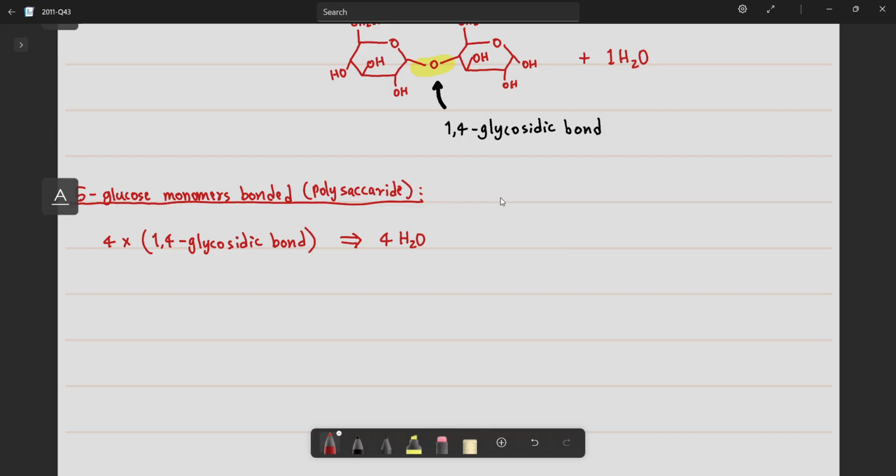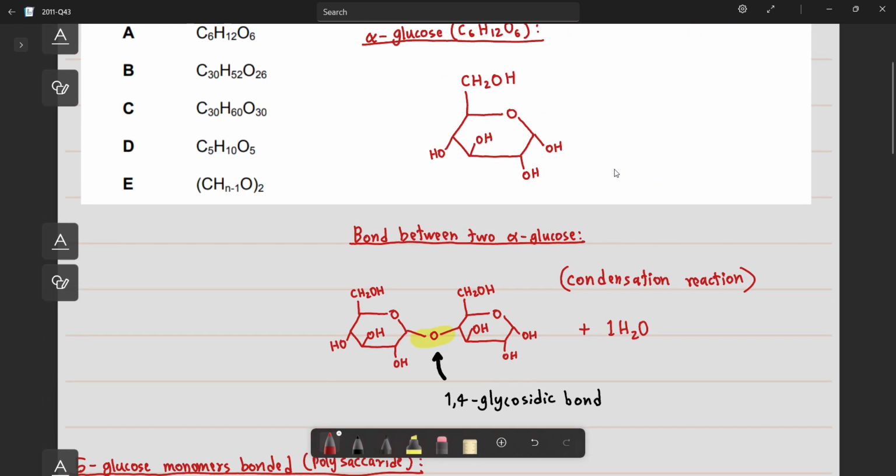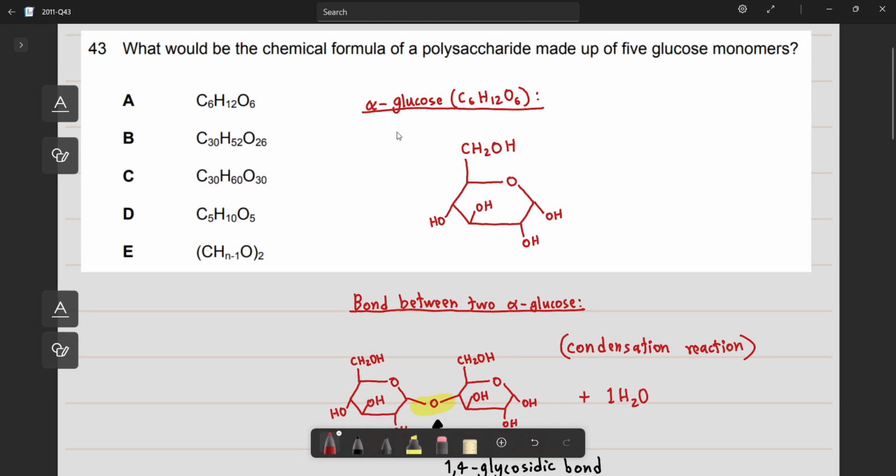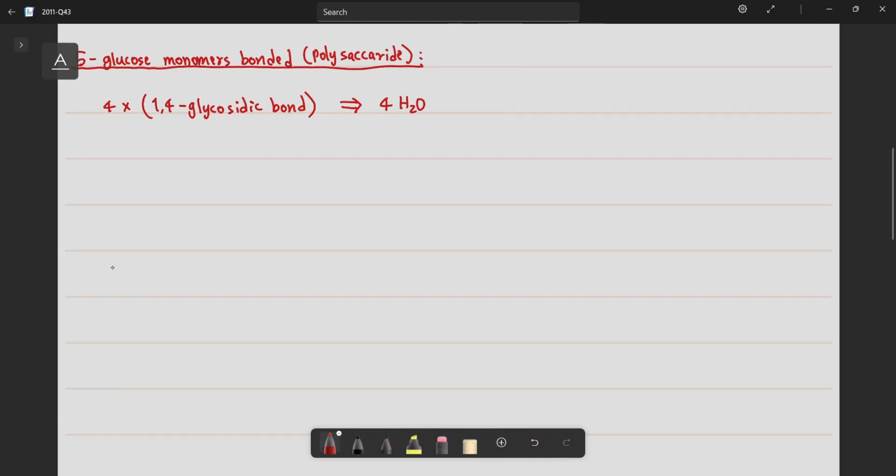Now, as I mentioned, the basic formula for glucose is C6H12O6. We have 5 glucose monomers, so I'm going to first multiply C6 by 5, then H12 by 5, and then O6 times 5.